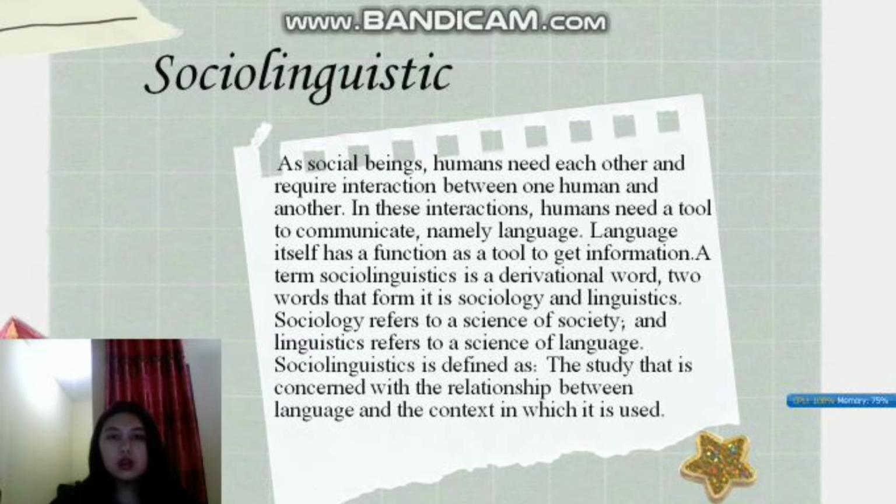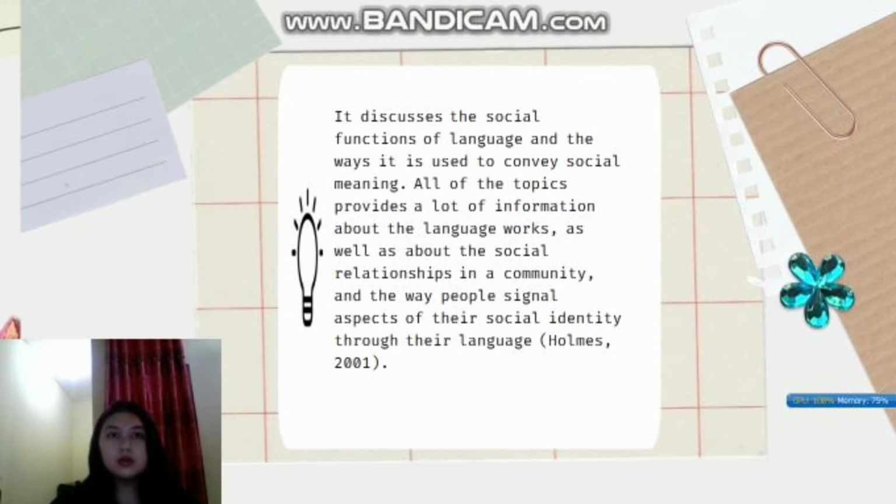The term sociolinguistics is a derivational word from sociology and linguistics. Sociology refers to the science of society, and linguistics refers to the science of language. Sociolinguistics is defined as the study concerned with the relationship between language and the context in which it is used.